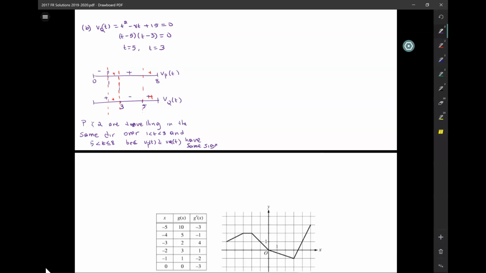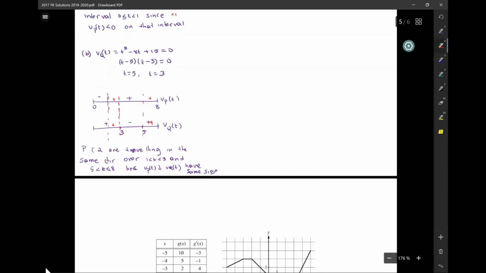It says find all the times, so you really should do some analysis. They give 1 point for the intervals and 1 point for the justification, all of this.